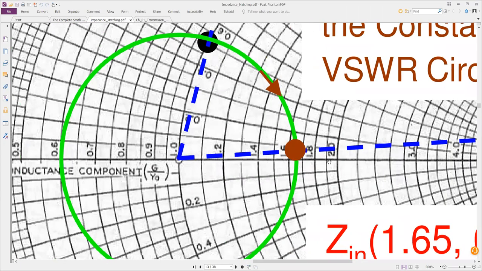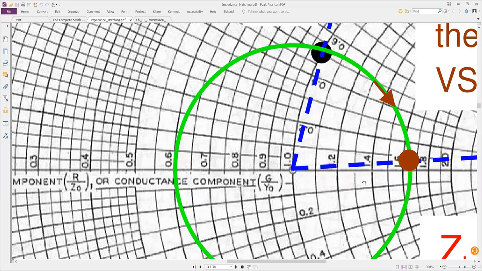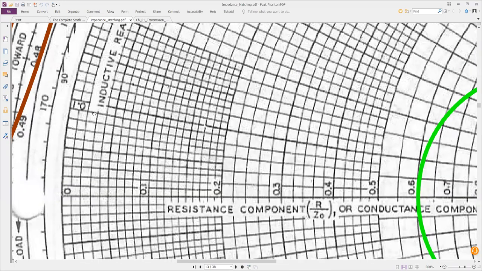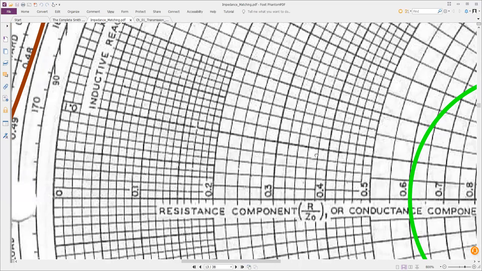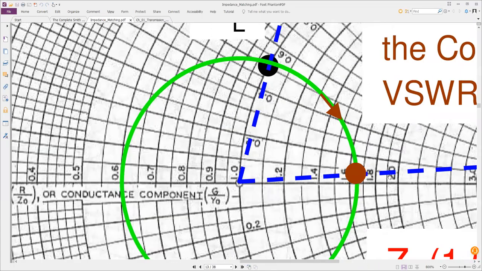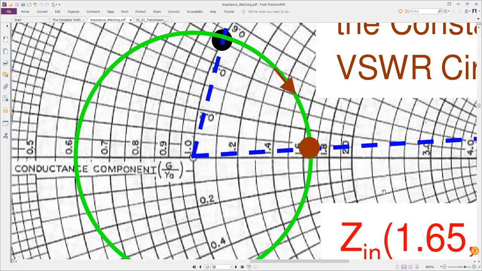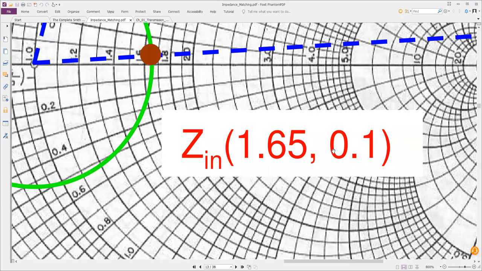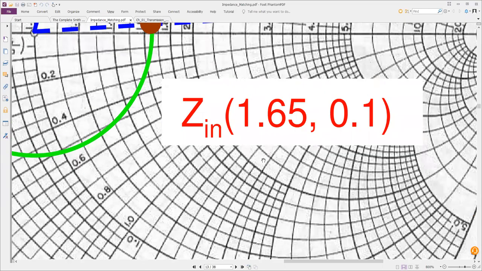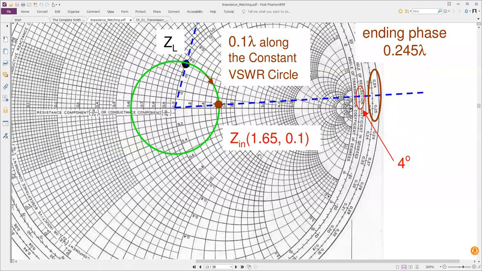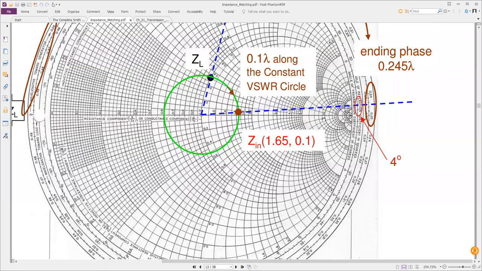And what is the value of the X figure? This point might be X, so 1.65 and 0.1. That is the value of the input impedance. This way, you can calculate the input impedance.